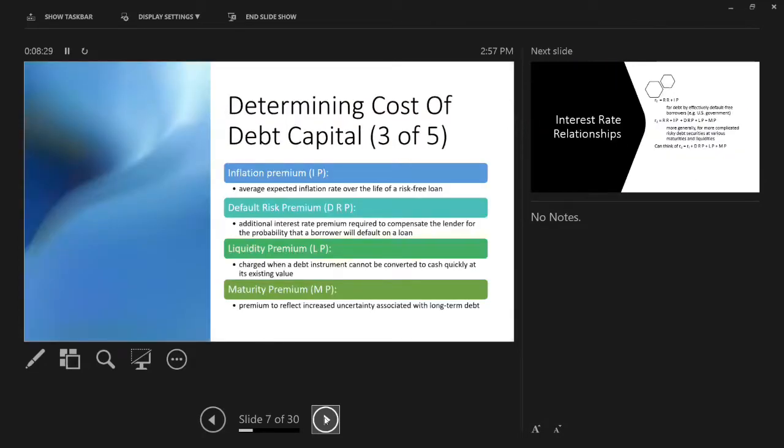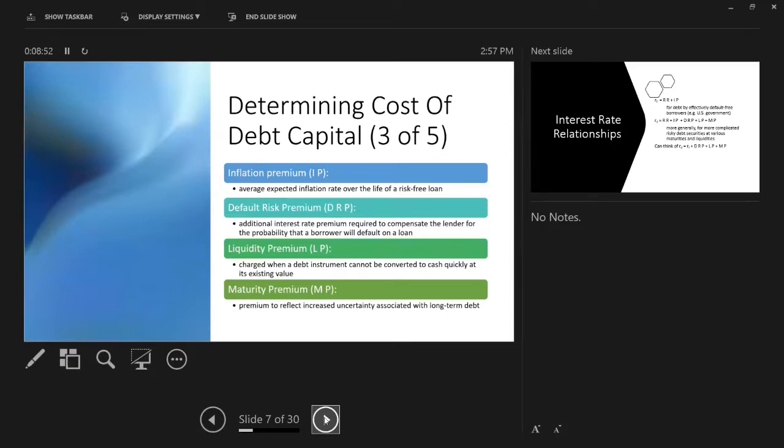Now, when we determine the cost of debt capital, the money that you borrow, these are the elements that we will consider to take in the formula to calculate the cost of capital for debt. The first one is called inflation premium, IP. That IP will be used in the formula.